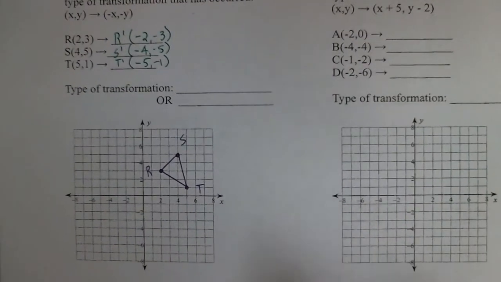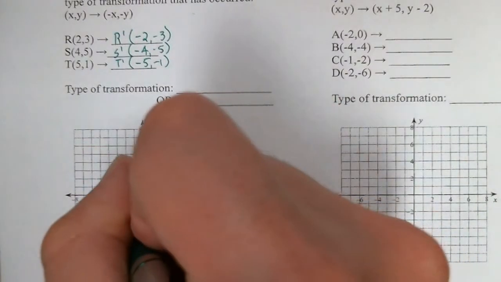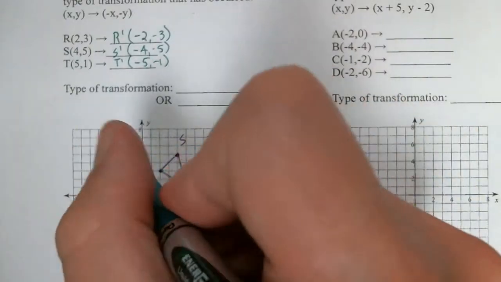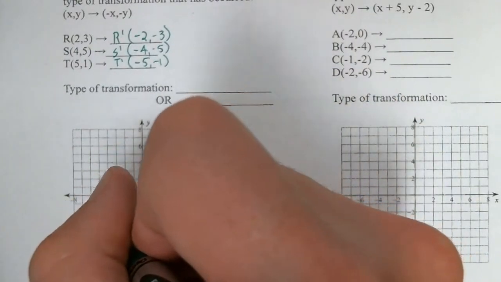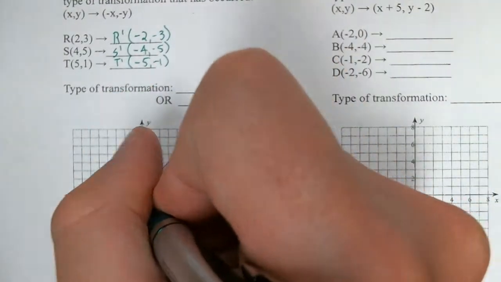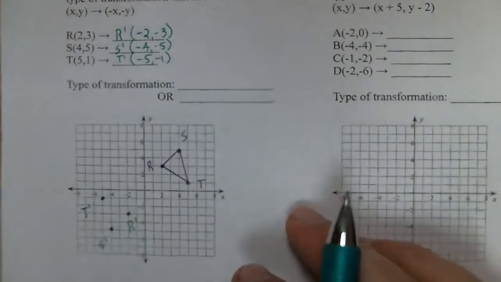Okay, so if we graph those, I go left 2, down 3. That's R prime. And then left 4, down 5. That's S prime. And then left 5, down 1. That's T prime.